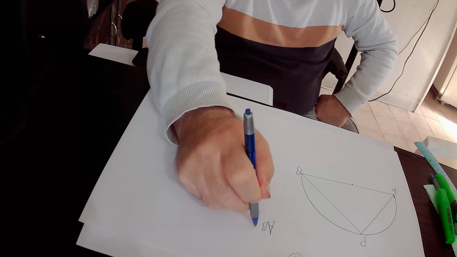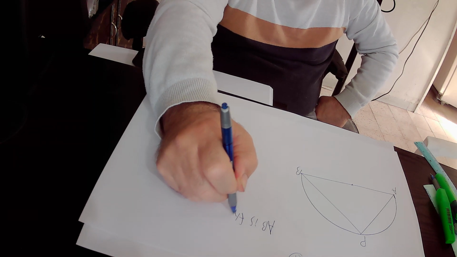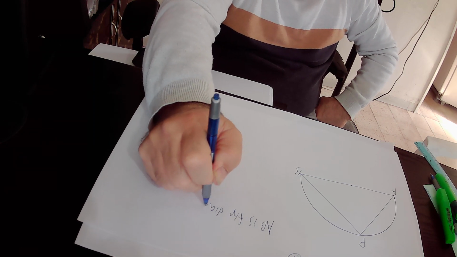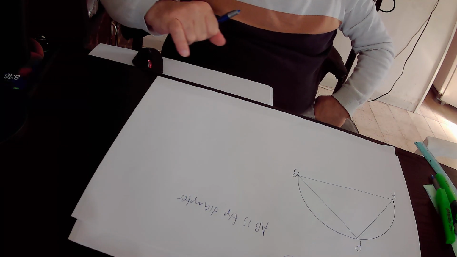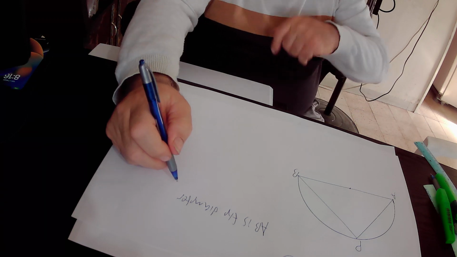AB is the diameter of this white semicircle.